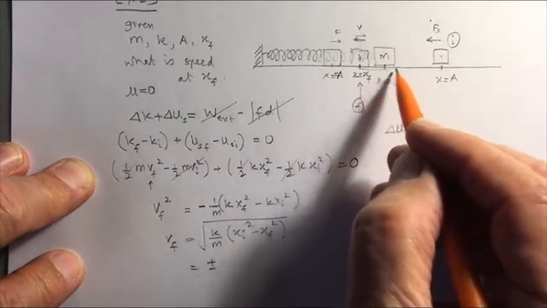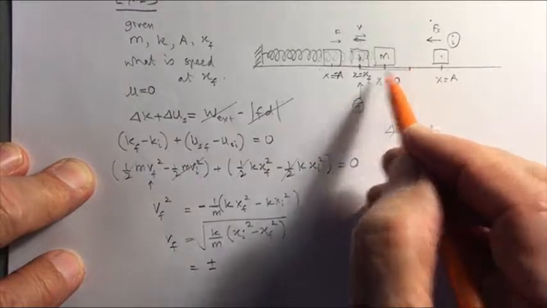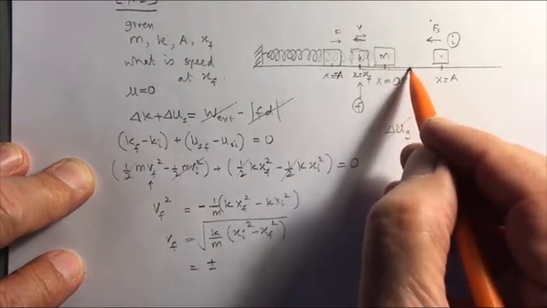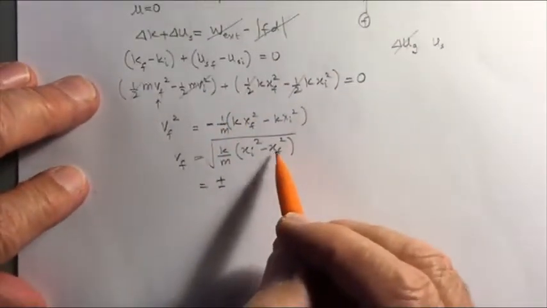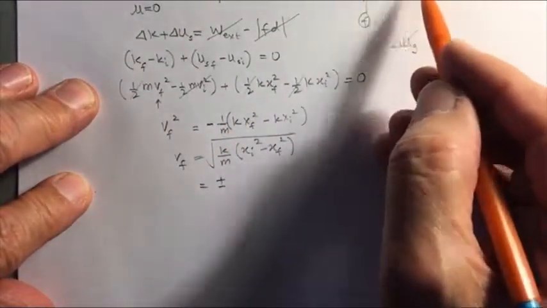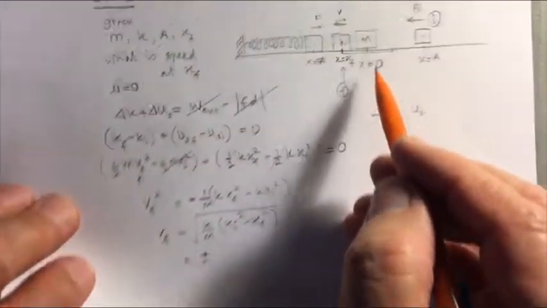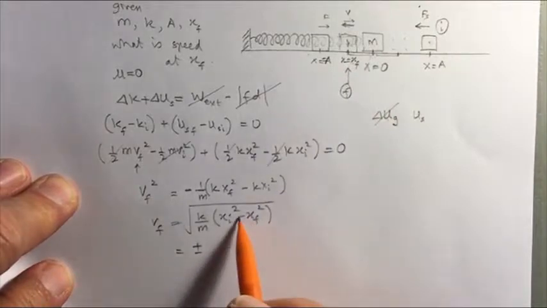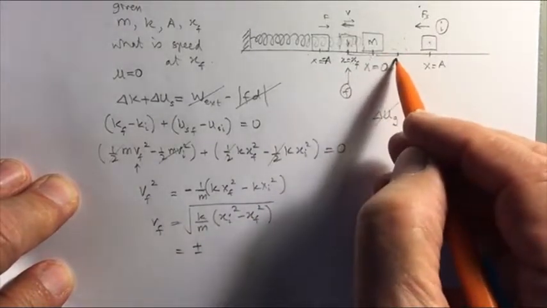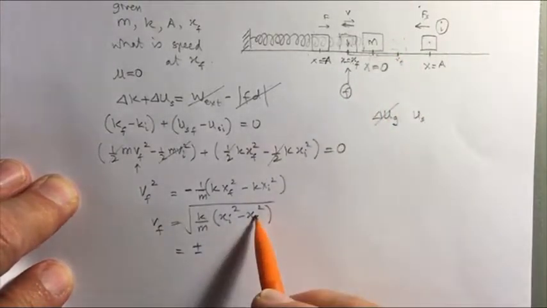Now if it were equidistant, whatever this distance is, if it were here, the speed here has no knowledge of whether it's on the left or the right, because if you put minus xf, it still becomes positive. If you put plus xf, it's still the same.